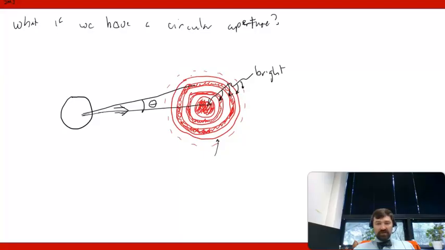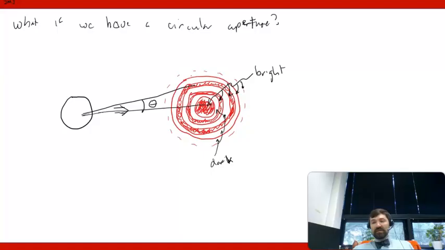So this is dark, dark, dark, and dark. And like I said, we're interested in where the dark fringes are, because those define how big each of these bright fringes are.